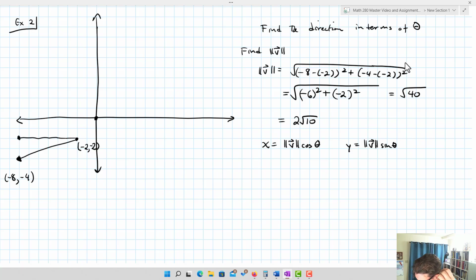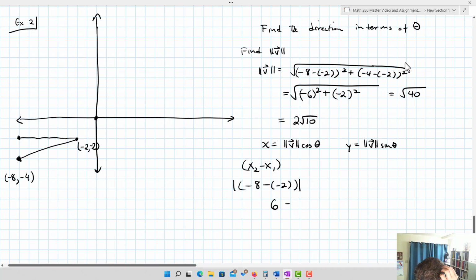Basically, your x is going to be your x2 minus x1. So in our case, it's -8 minus -2, just in case it's not a simple one to see. And that's an absolute value, so it's going to be 6. So 6 will equal 2 root 10 cosine theta. We'll take cosine theta, and that'll equal 6 divided by 2 root 10.